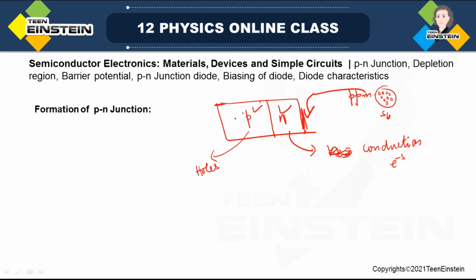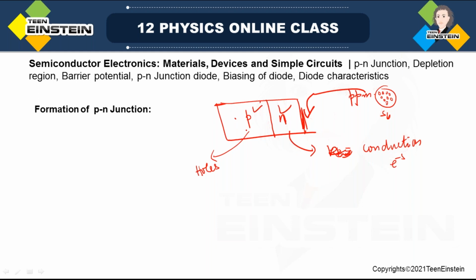How does it happen? Here you have only holes, and here you have only electrons. This mechanical barrier cannot stop the diffusion of the charge carriers.